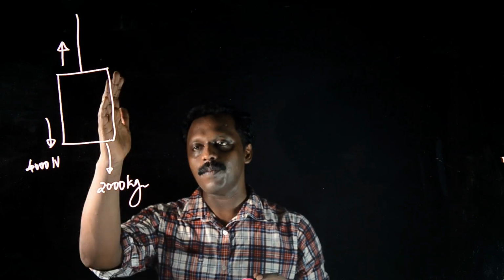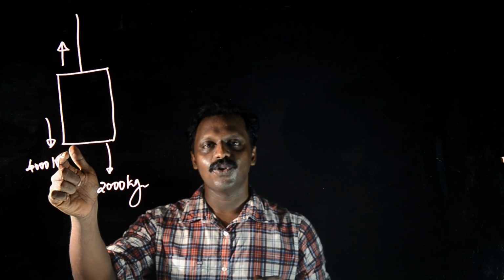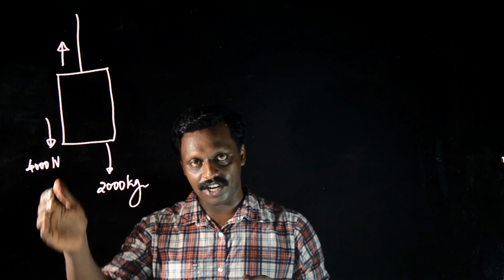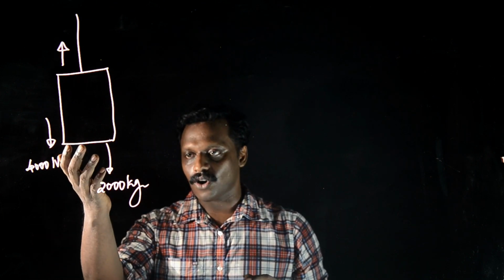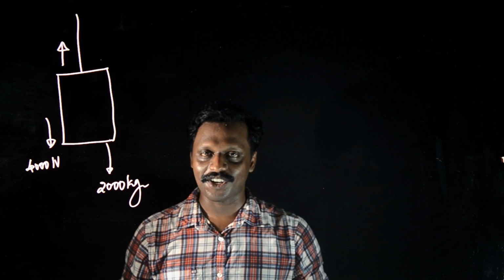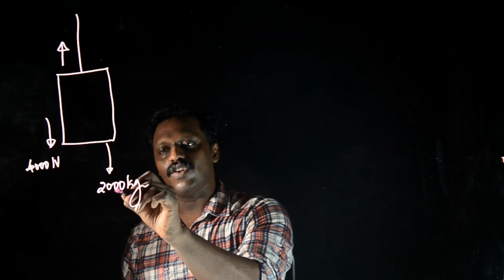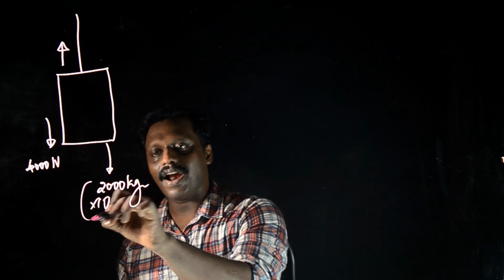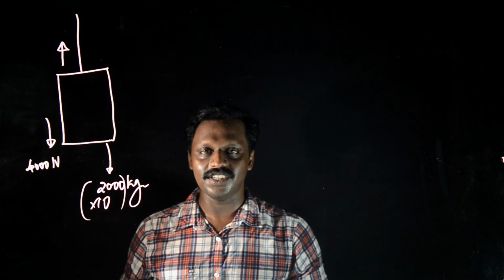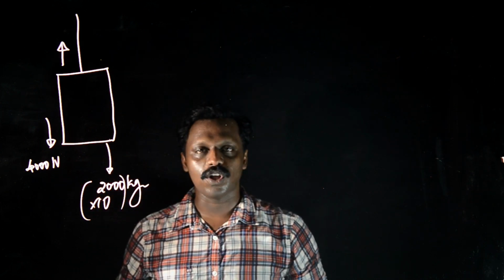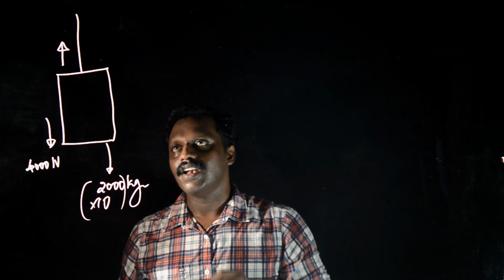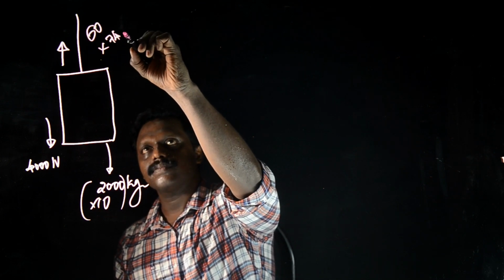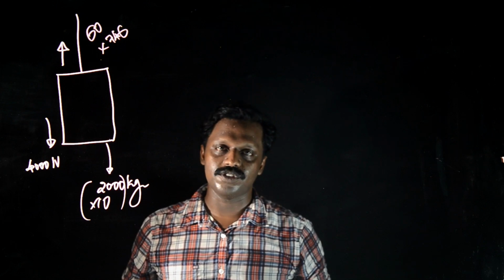So when the lift is moving upwards, it has to work against the frictional force, which is downwards, as well as the total weight due to the 2000 kilogram mass. So the net force downward will be 2000 multiplied by 10, 20,000 Newton downwards, plus 4000 Newton downwards.